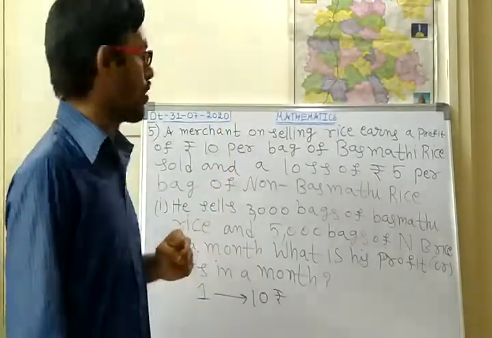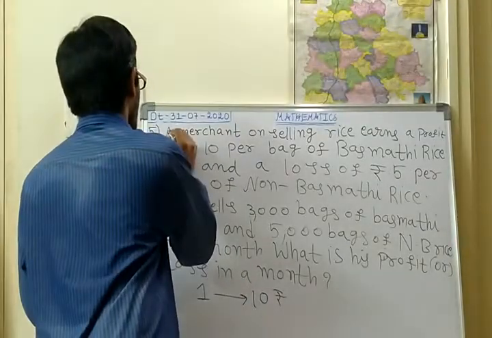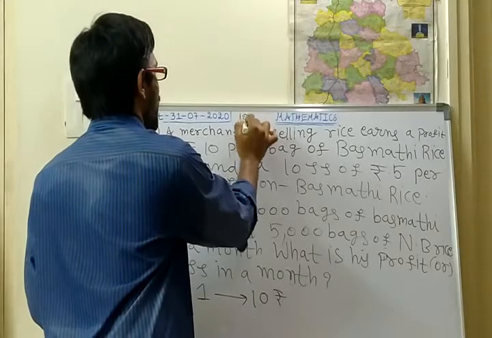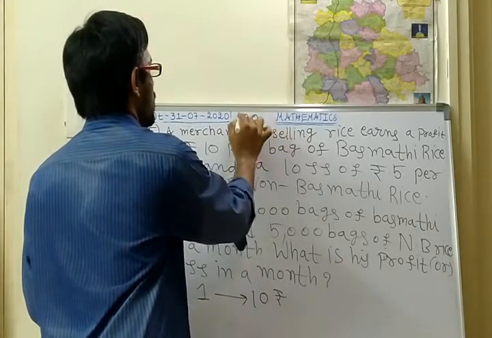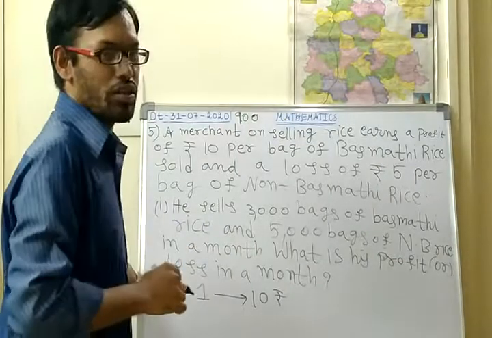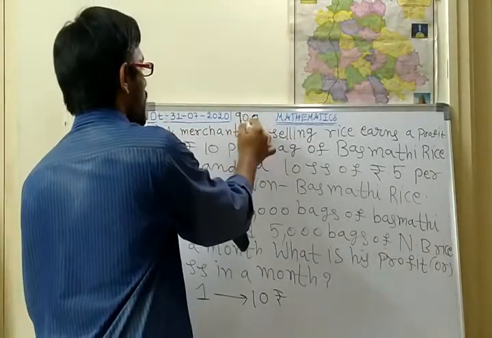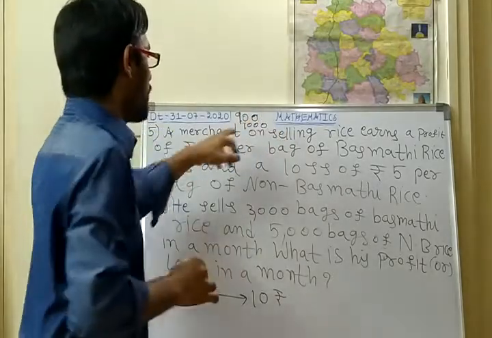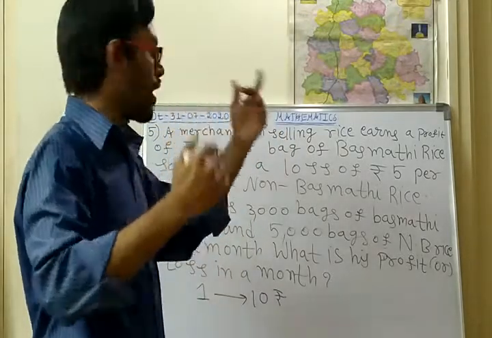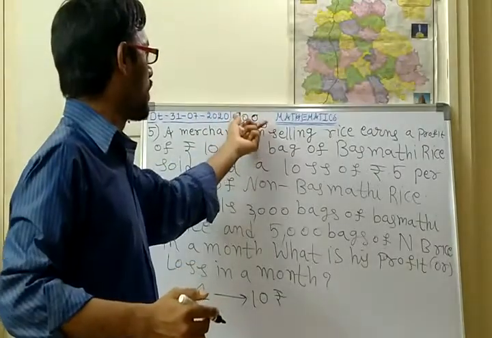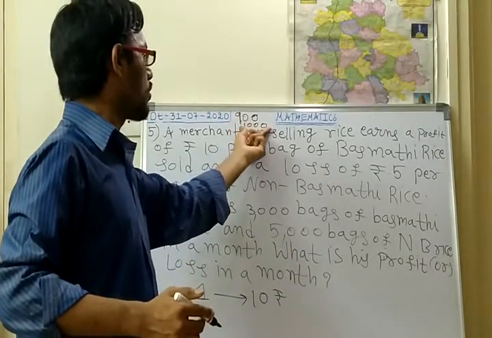That means suppose a bag cost is 900, the MRP cost. This merchant sold it for 910, so he added 10 rupees more.